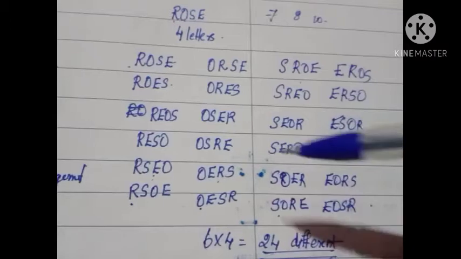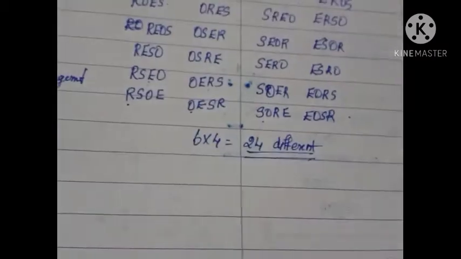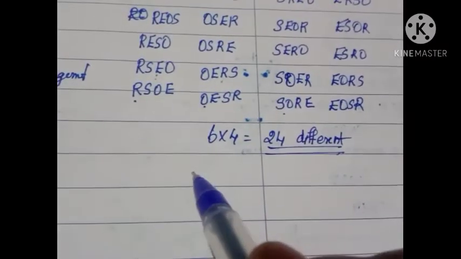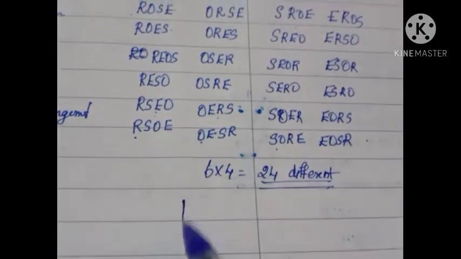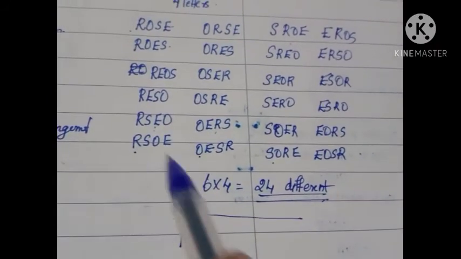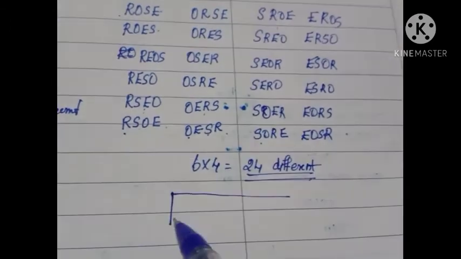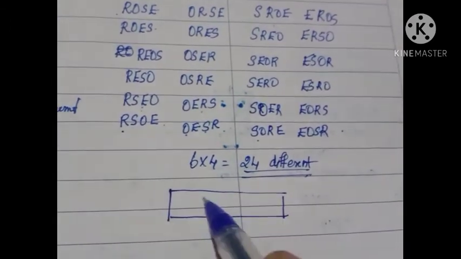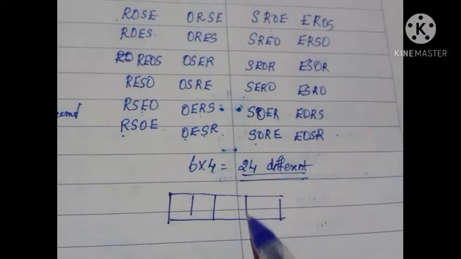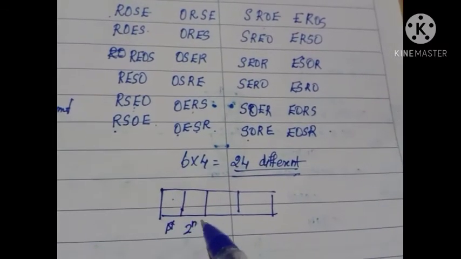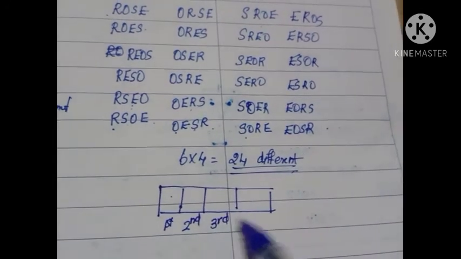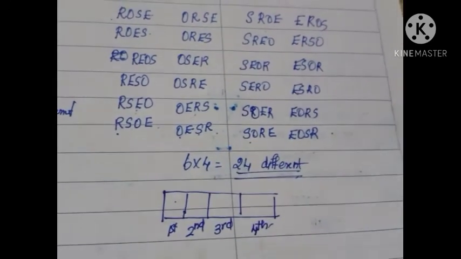Okay. So in this case we can apply the multiplication principle or fundamental principle of counting. So listen, we need 4 letter arrangements. So draw a box. 1, 2, 3, 4. So this is the first place, this is the second place, this is the third place, and this is the fourth place.